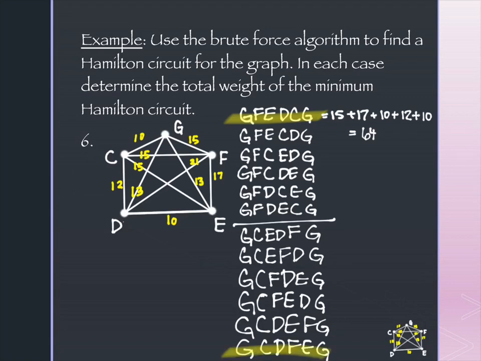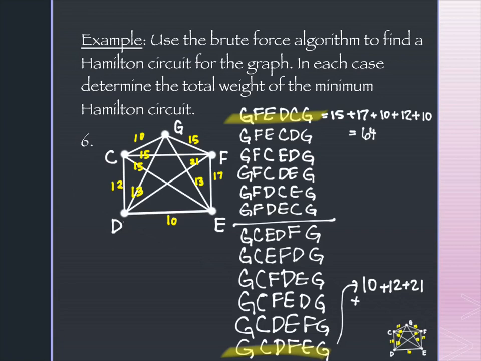Let's do one more of them here at the bottom. So you've got GC, which is 10. And then CD, that's 12. DF, that one's 21.